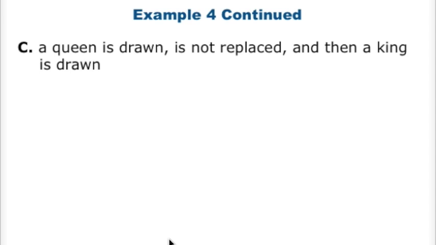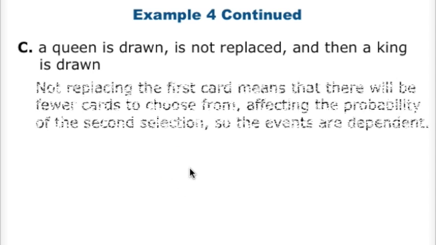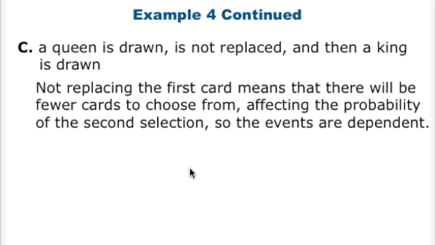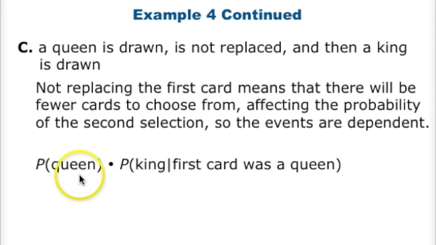A queen is drawn, is not replaced, and then a king is drawn. Not replacing the first card means that there will be fewer cards to choose from, affecting the probability of the second selection. So the events are dependent. The probability of the queen, and then we're going to have to multiply the probability of getting a king, given that the first card was the queen.